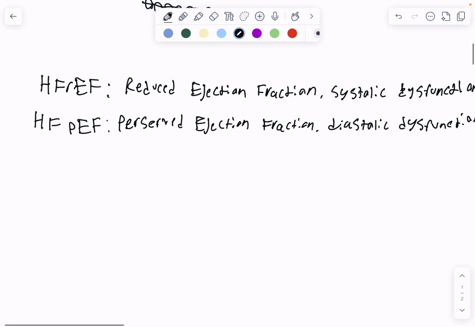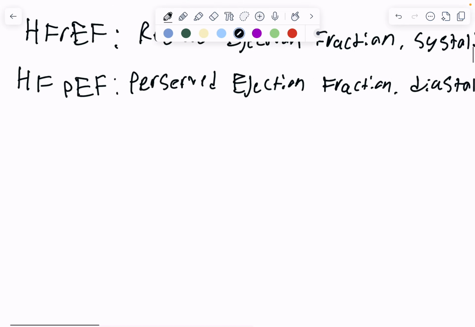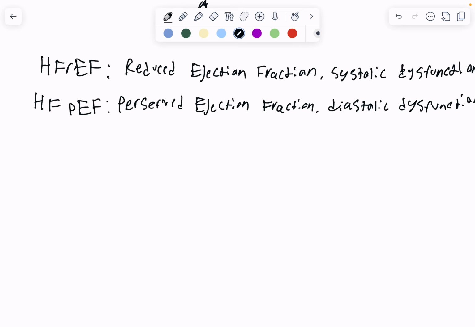And then some different visual modalities that we can use to visualize this. The first one is echocardiogram. The reason why we would use echocardiogram is to evaluate structure and function.